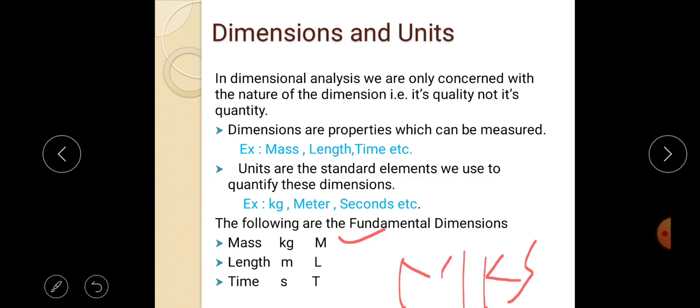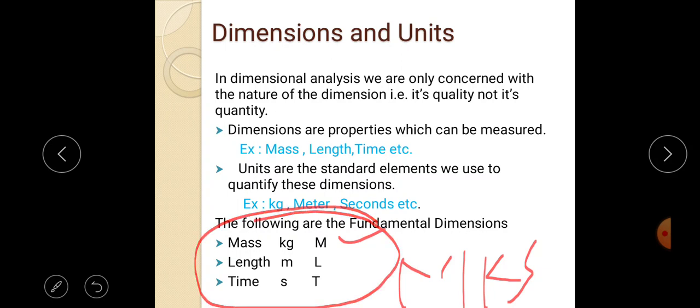For length, the unit is meter and the dimension is L. For time, the unit is second and the dimension is T. Sometimes we can also take temperature as a fundamental dimension, whose unit is degree centigrade and the dimension is theta. So these are the fundamental dimensions.